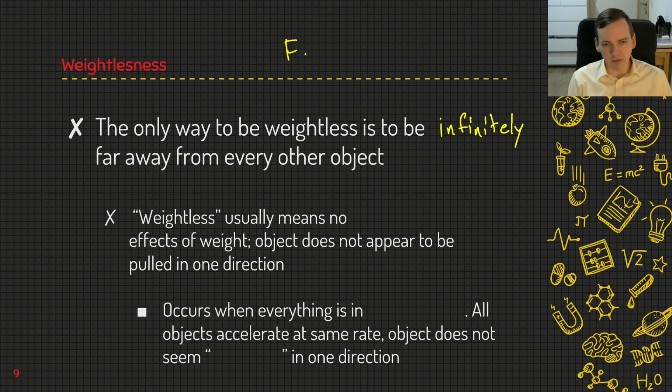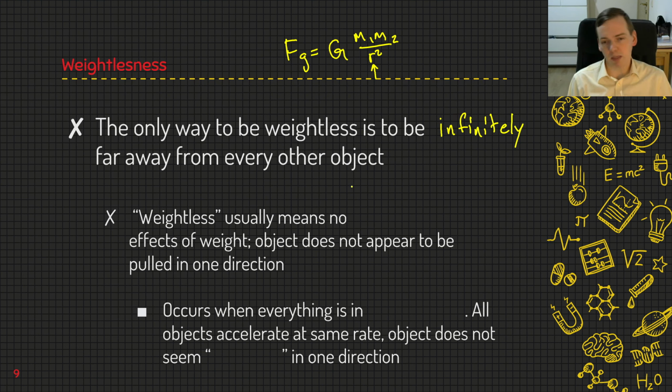Because if you look at Fg equals GM over r squared, well, unless an object has zero mass, which, if we're talking about weight being pulled toward the nearest gravitationally dominant object, that object's going to have some mass. So the only way to get Fg weightless, to have no Fg, is if r goes up to infinity, meaning that this fraction goes to 0.